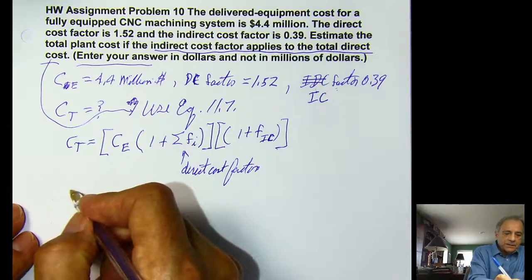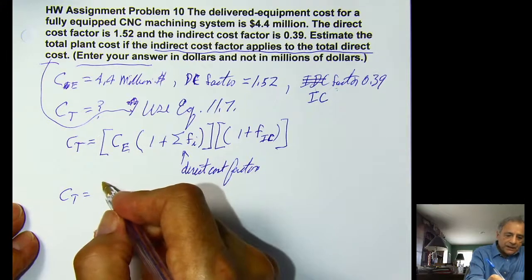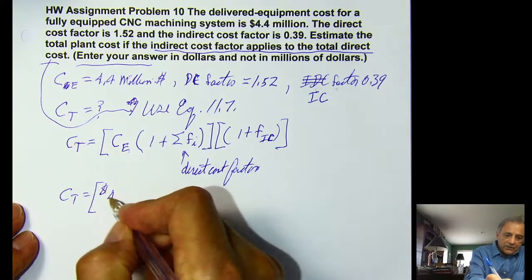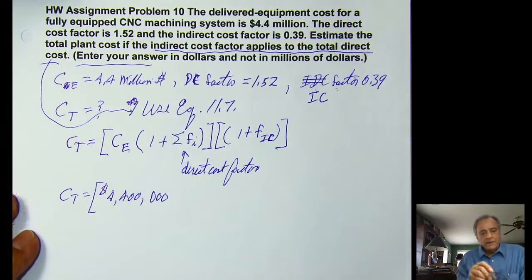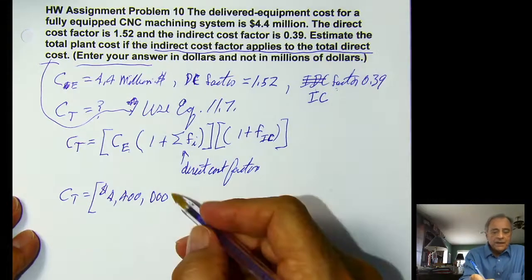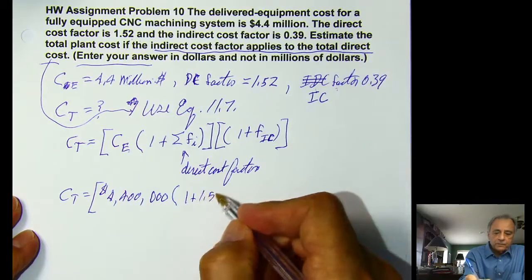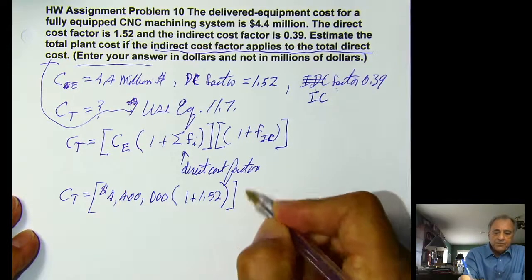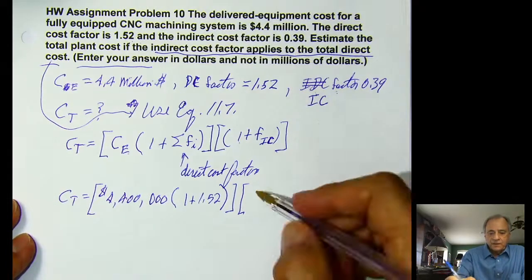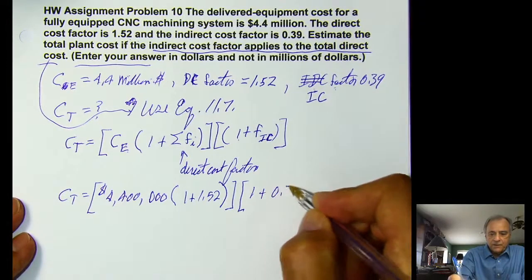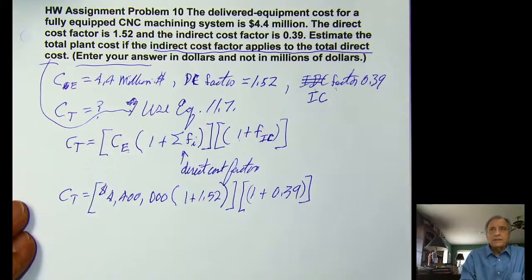So C sub T will be equal to, now this is 4.4 million, so let's just put it as dollars, 4,400,000. And then this is 1 plus that 1.52. We'll close that bracket, open this bracket, and this is 1 plus 0.39. So we'll take that one step further.